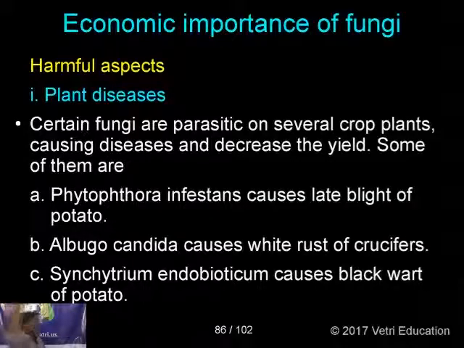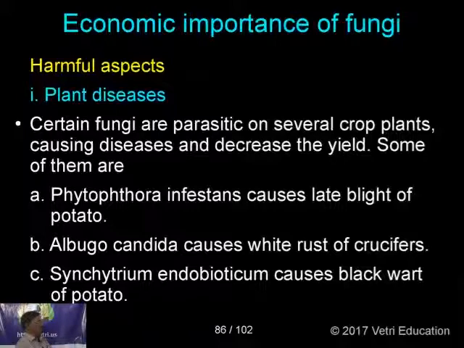There is a list of plant diseases, but here I gave a very important one so that you can remember the pathogen, the plant which will be affected and the name of the disease. Certain fungi are parasitic on several crop plants, causing disease and decreasing the yield. Whenever a plant is affected, the plant cannot make chlorophyll, so it will not produce more yield.